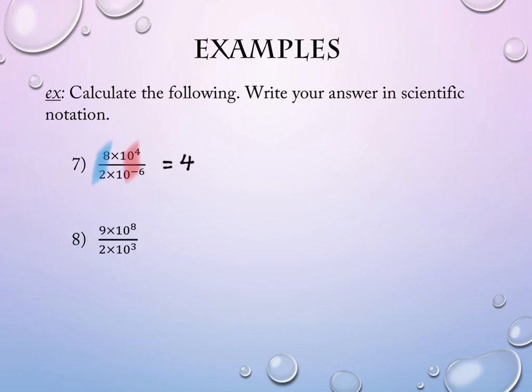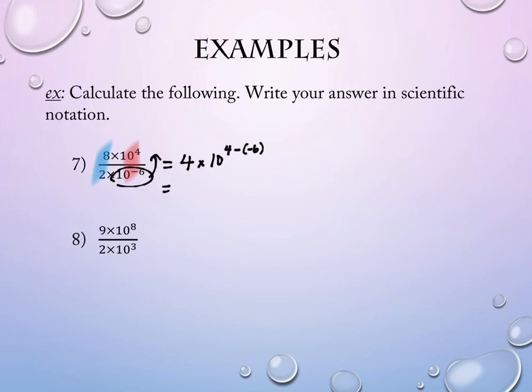The 10 to the 4th and the 10 to the negative 6th. What do we do with those exponents? We subtract them, and be very careful because you're actually subtracting a negative. So it's 4 minus negative 6. Yeah, so we end up with positive 10. Another way to do it is you also could just move the 10 to the 6th to the numerator.